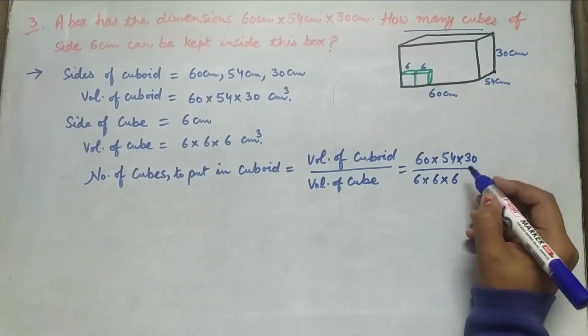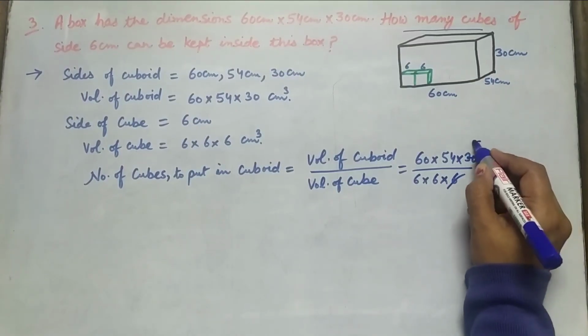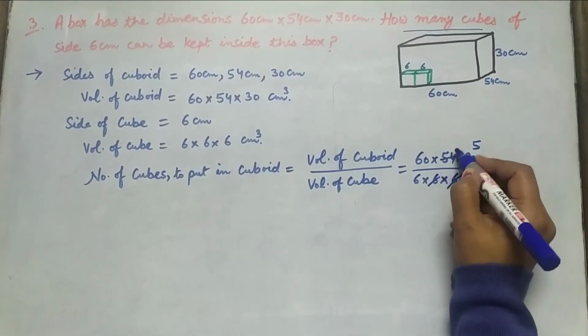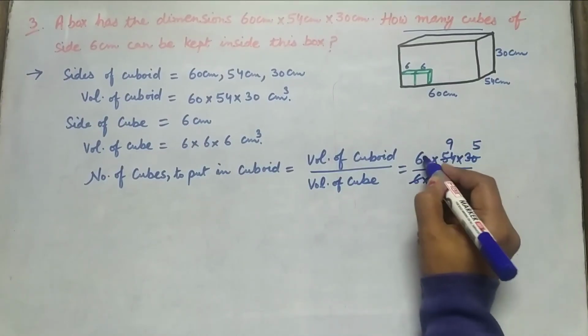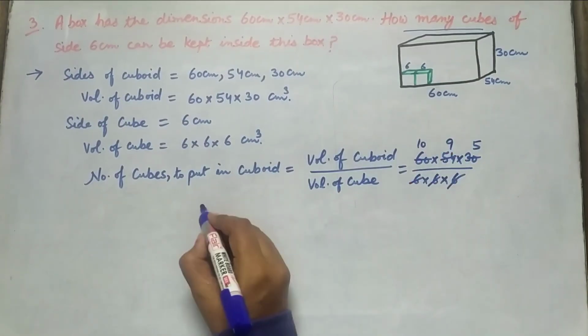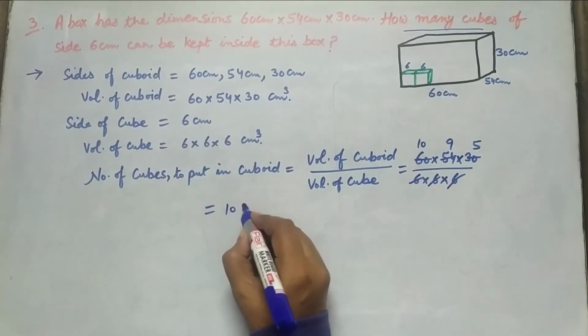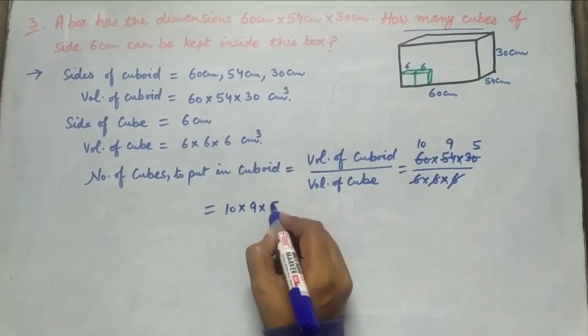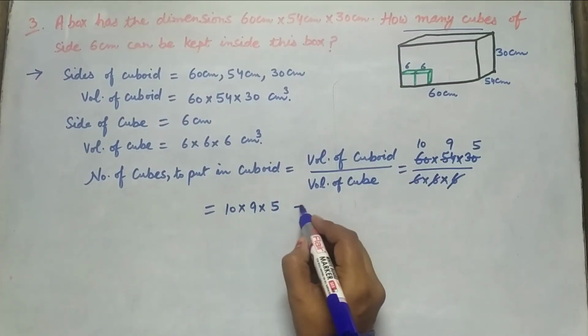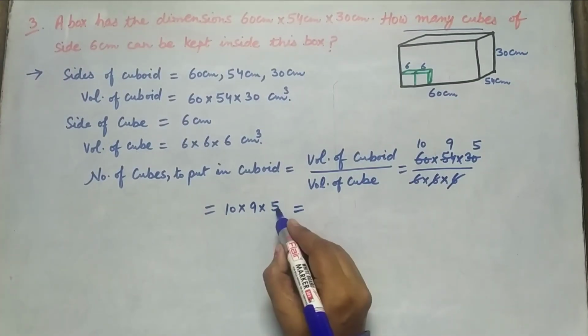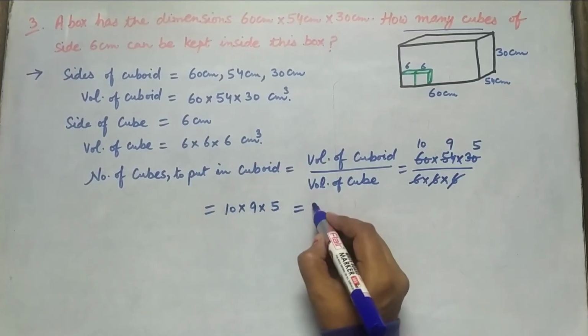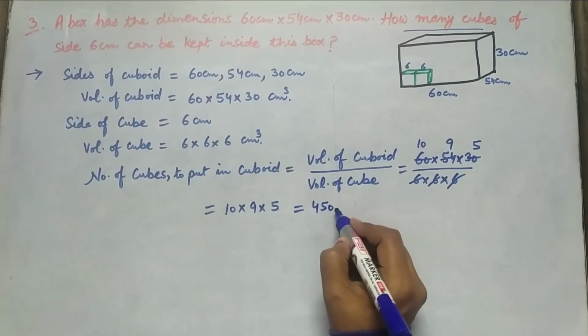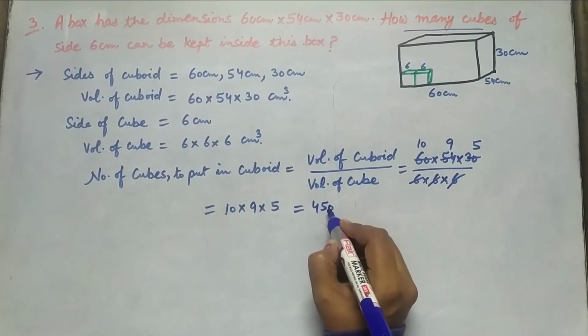Doing the cancellation work, 6 5s are 30, 6 9s are 54, 6 10s are 60. We have 10 multiply 9 multiply 5 and it will be 9 5s are 45, 45 10s are 450, and it is the number.